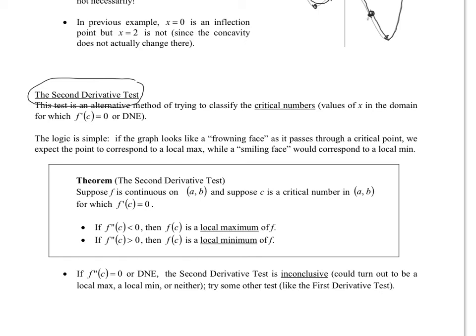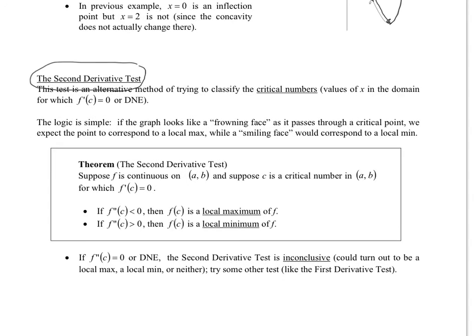Let me remind you what that was all about. Suppose we have calculated the first derivative of a certain function, and we have discovered that the first derivative of the function is equal to 0 at a particular number c. So c is a critical point.